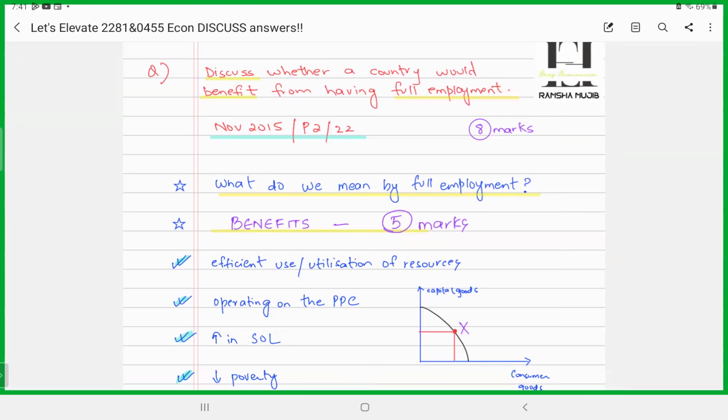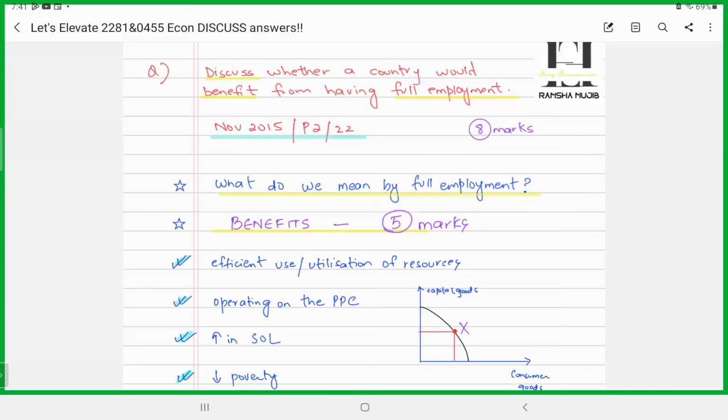Whenever the question has the keyword of discuss, you need to produce a balanced argument. You need to produce the pros and the cons regarding the statement given in the question, with a sound judgment, with a sound evaluation at the end of the answer, justifying your reasoning.